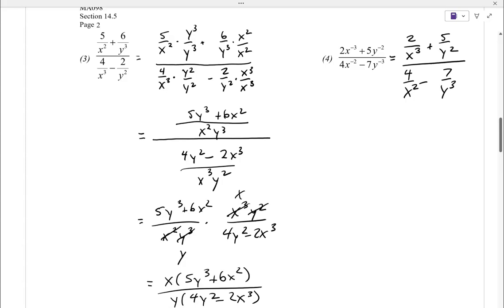Yep. Okay. Does this one now look like the previous one? Just with different numbers? Okay. Work on that one for a minute. See if you can get to a final answer. We'll go through that one, and then I will turn you loose on the worksheet.